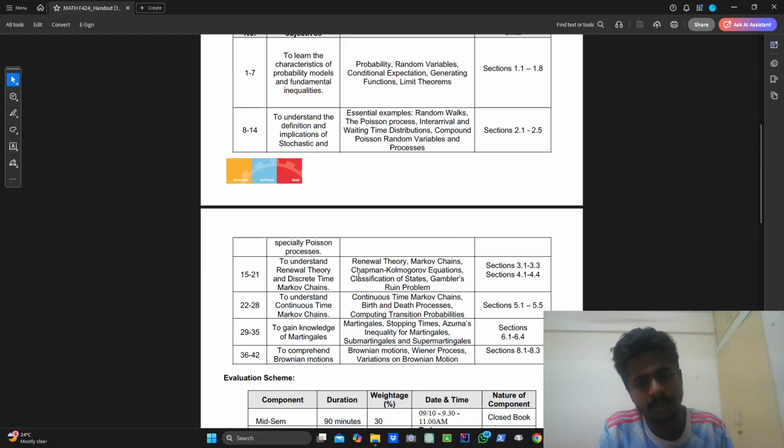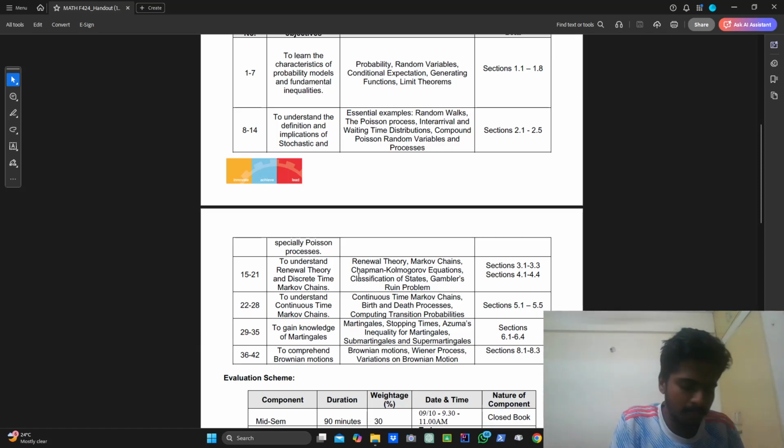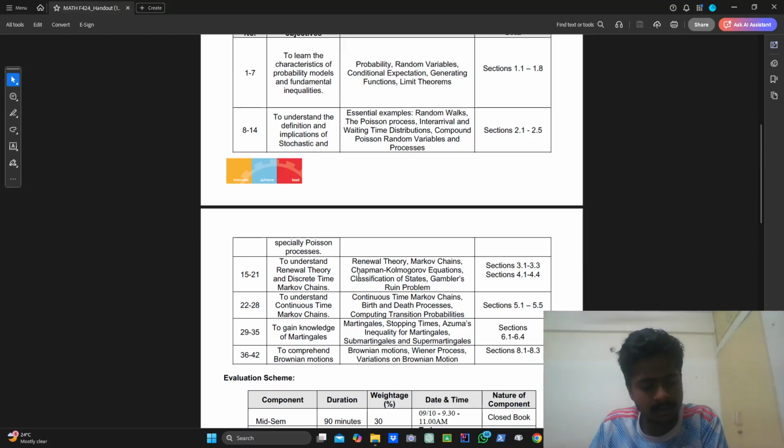Renewal theory is another, more general version of a Poisson process, and it also studies stochastic processes, meaning those that evolve with time. So everything ends up evolving with time, and the probabilistic study of these and the models we use, we'll be discussing here.